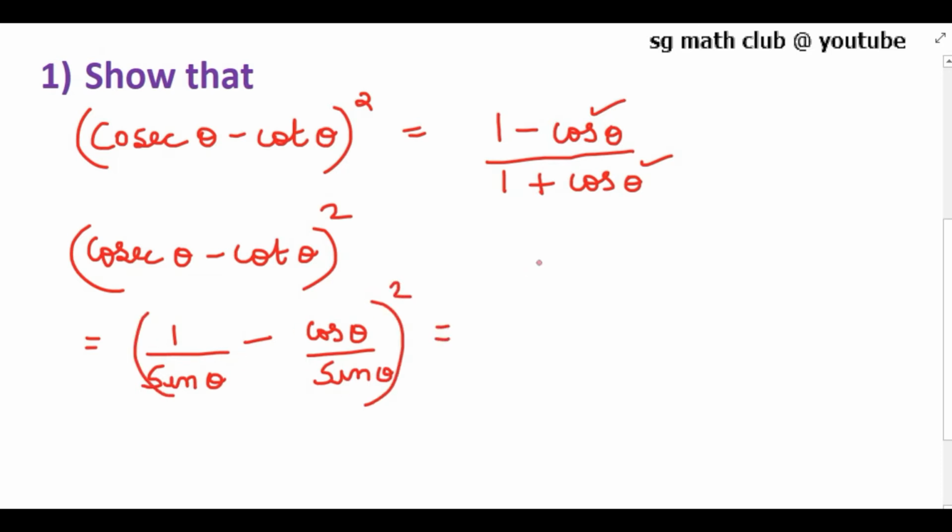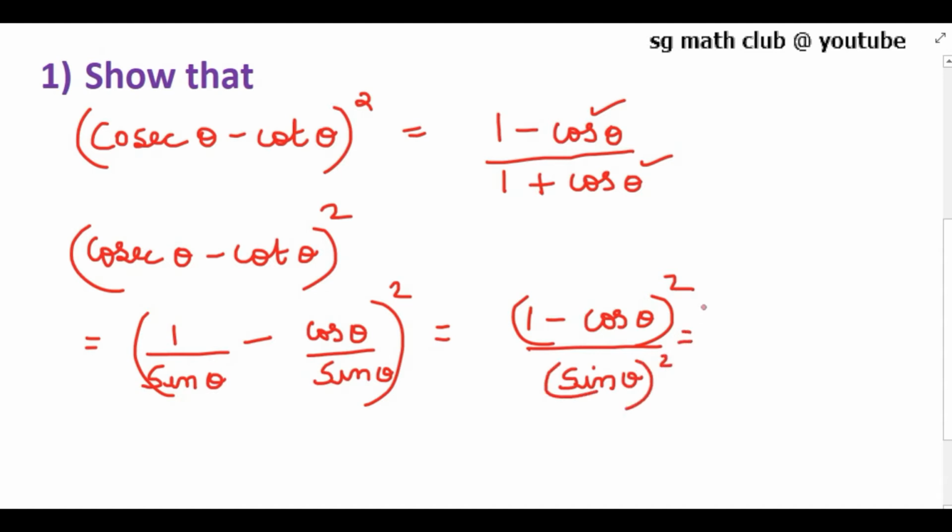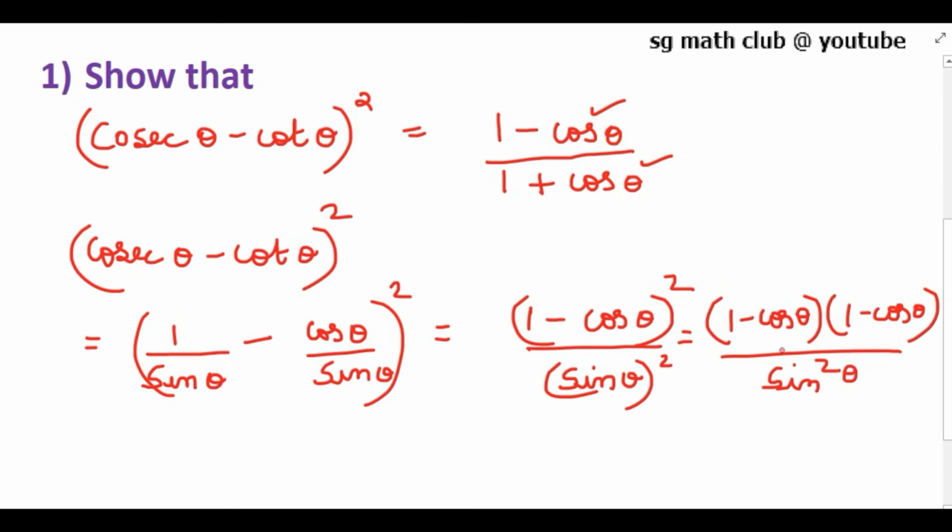Now the numerator I can write as 1 minus cos theta the whole square, because the denominator is same and denominator is sin theta the whole square. This I can write 1 minus cos theta into 1 minus cos theta, and sin theta the whole square I can write as sin square theta.